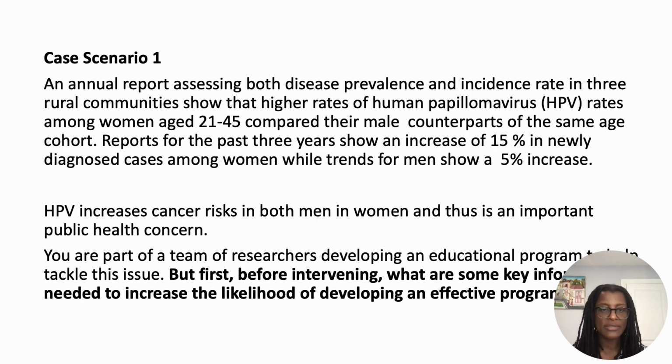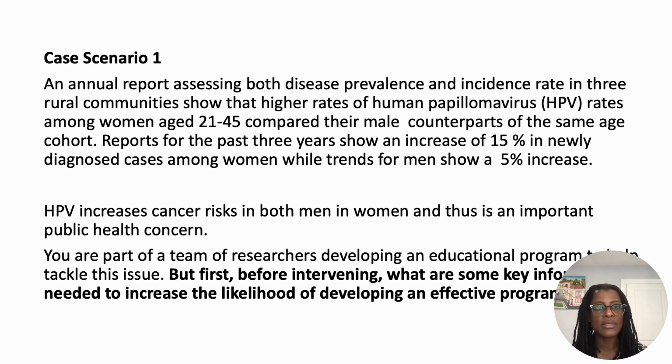So let's think about this case scenario, because as I mentioned in previous lectures, the application of the content you are exposed to is really important, in terms of how these things can be used to address the disparities we're seeing among groups.